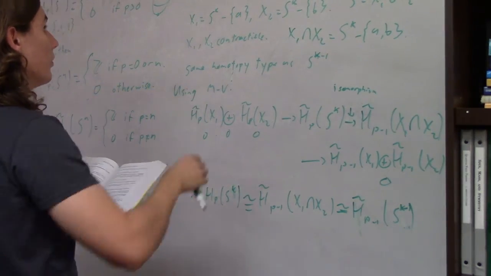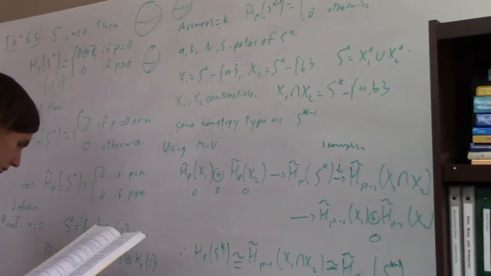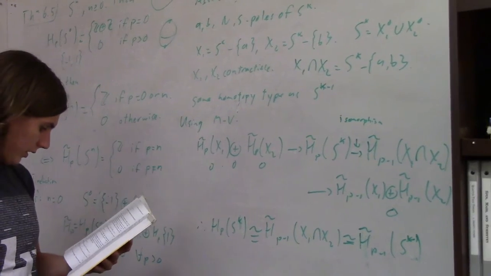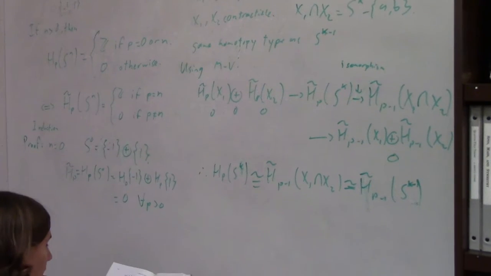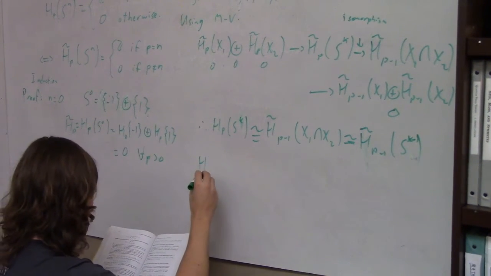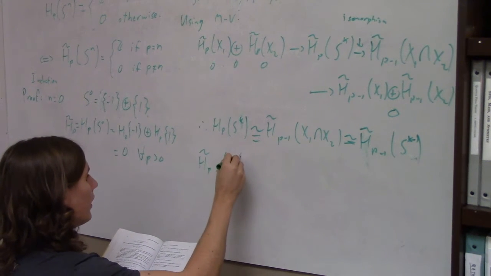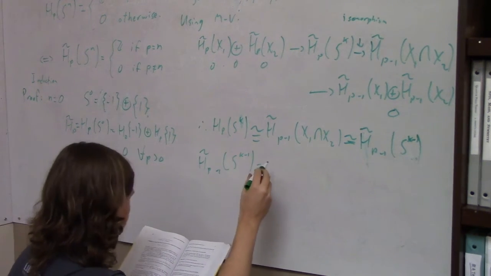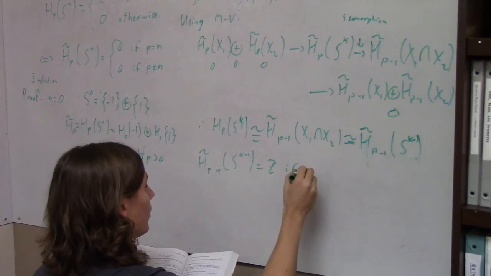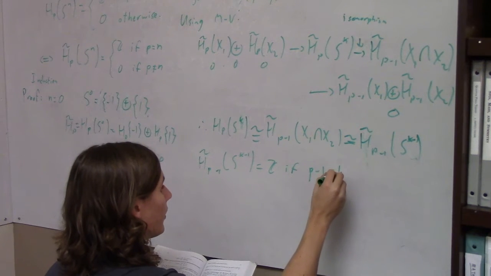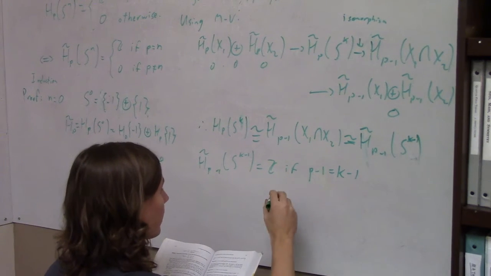Assume that it's true for S^(k-1), so these are isomorphic, so it says that H_(p-1) of S^(k-1) is equal to Z if p minus 1 is equal to k minus 1 by the induction hypothesis, and 0 otherwise.